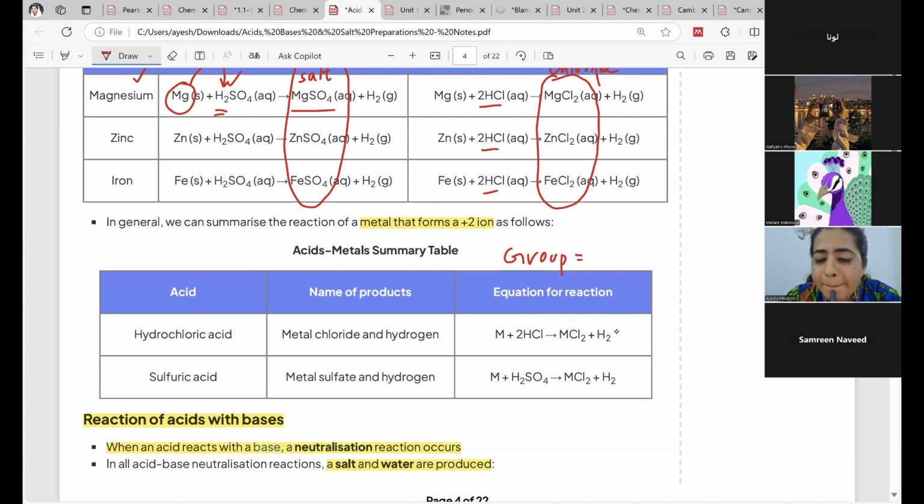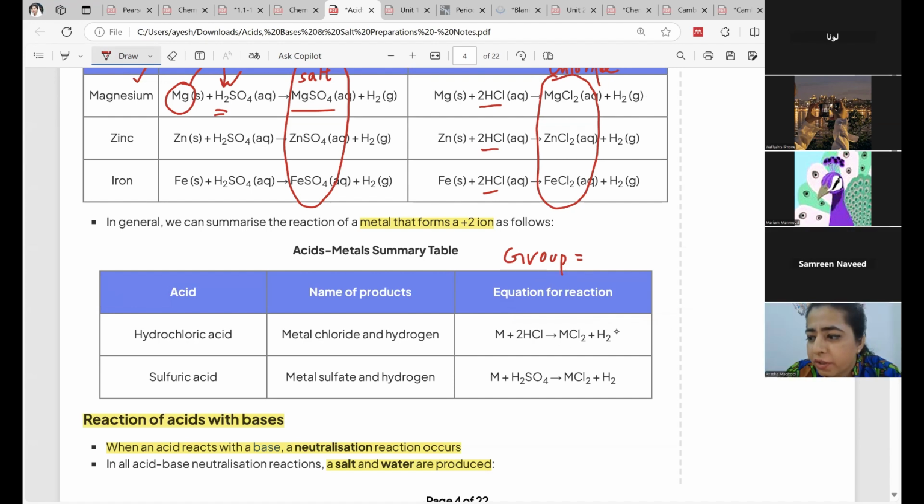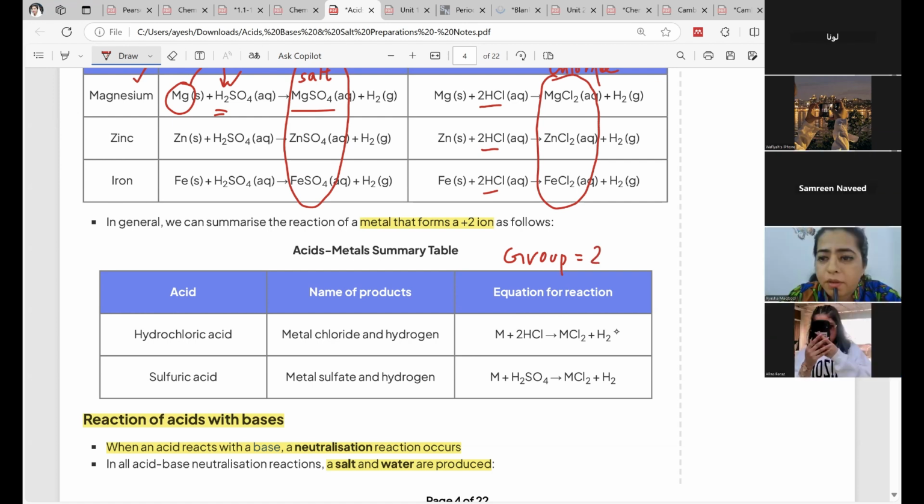Yes, Samreen. Miss, can it be group 2? Why group 2? Because group 2 metals can lose electrons and then the chlorine can gain the 2 electrons, right?